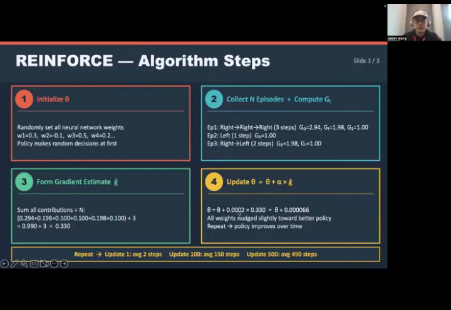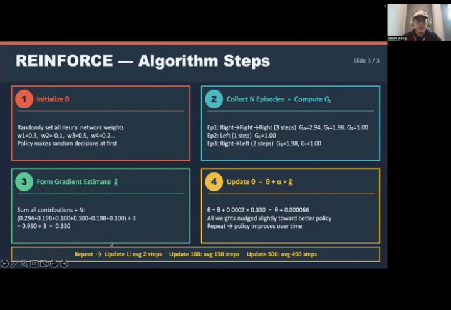The formula is theta equals theta plus alpha times g hat. Alpha is the learning rate. It controls how big each update step is, for example 0.0002. So every weight gets nudged slightly, and the policy becomes a little bit better.